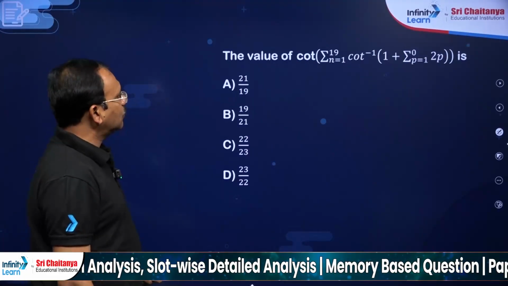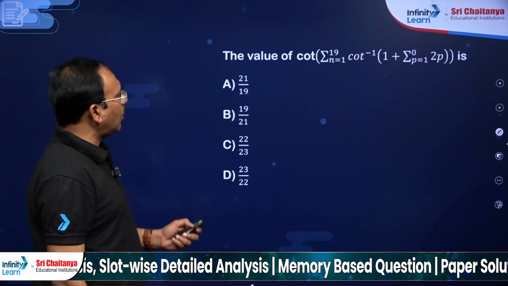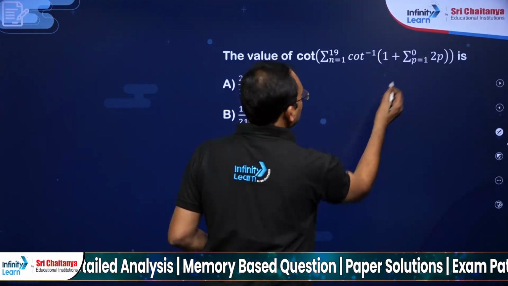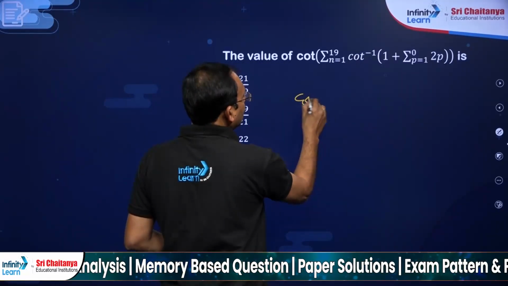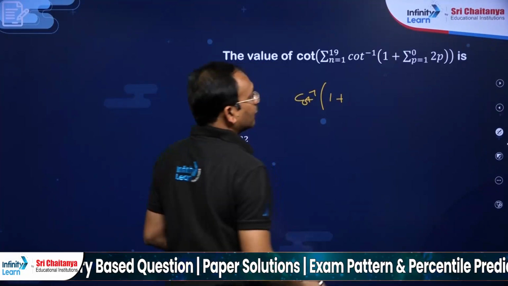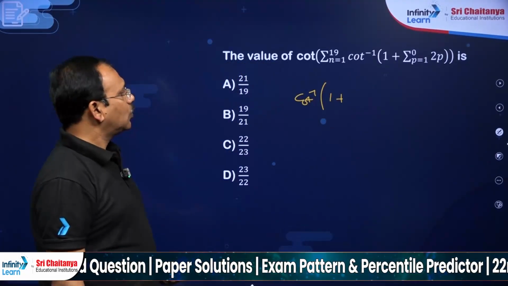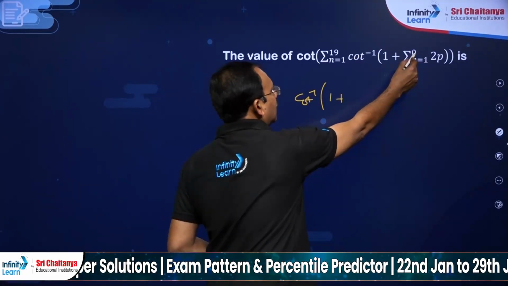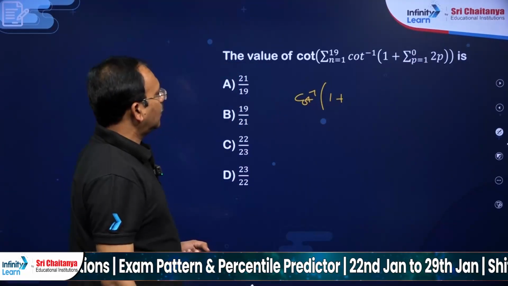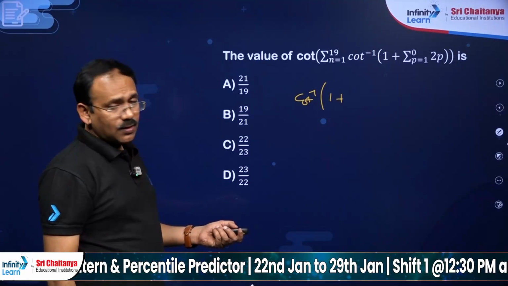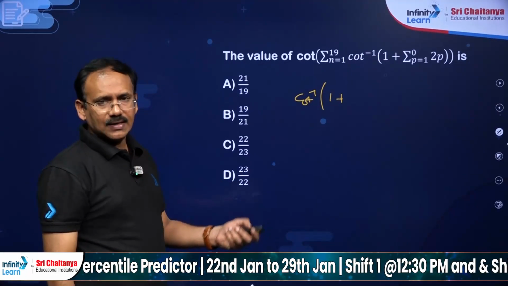Next. The same kind of question: cot of the sum from n equals 1 to 19 of cot inverse of what is given? Cot inverse of 1 plus the sum of even 2p, p equals 1 to, I think there is some misprint here, maybe n. 2p means p equals 1, 2, 3, so we get 2, 4, 6 like that, my dear friends.